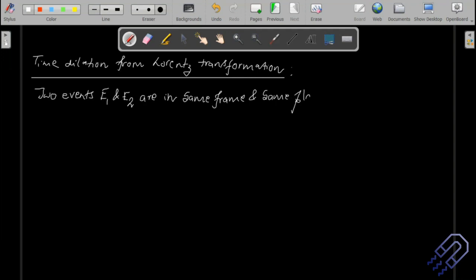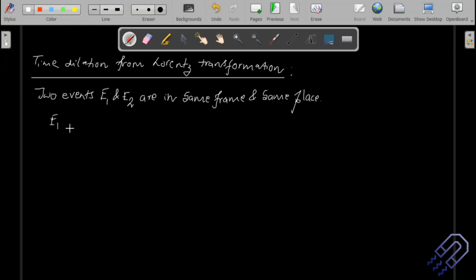So what does it mean? It's the same frame of reference, at the same place but at different times. Maybe there is a bulb which glows, and then that bulb is removed, another bulb is put in, and it glows. Both bulbs glow at the same place, in the same frame of reference, but at different times.